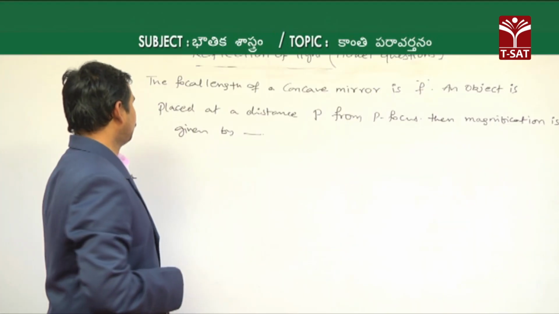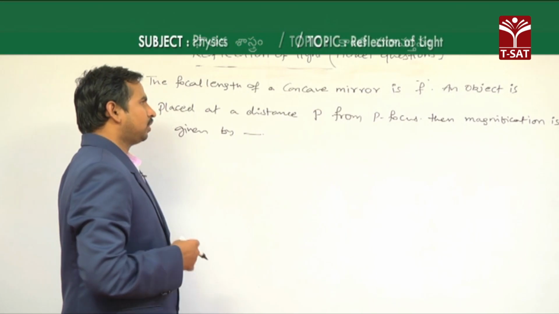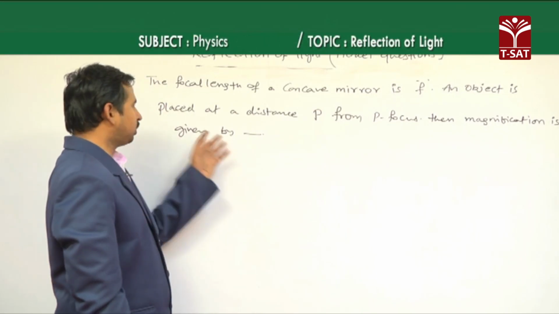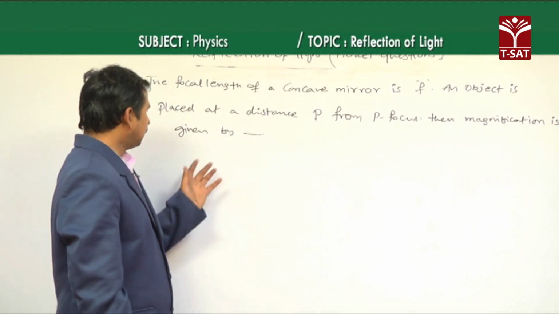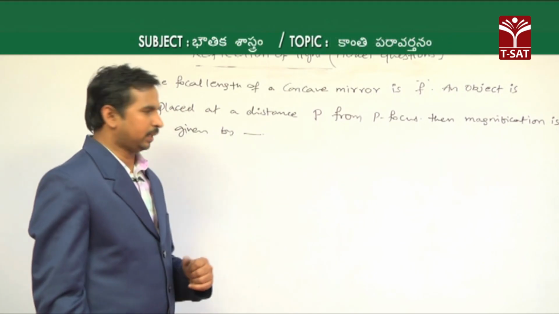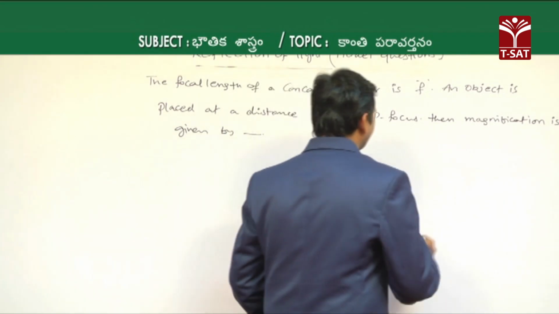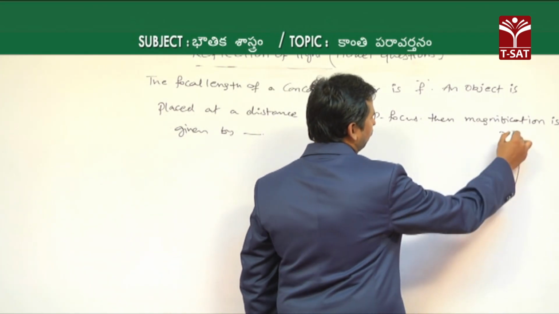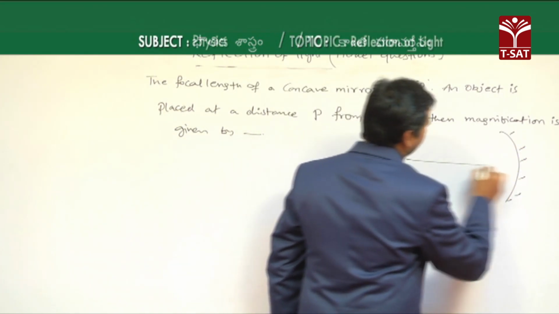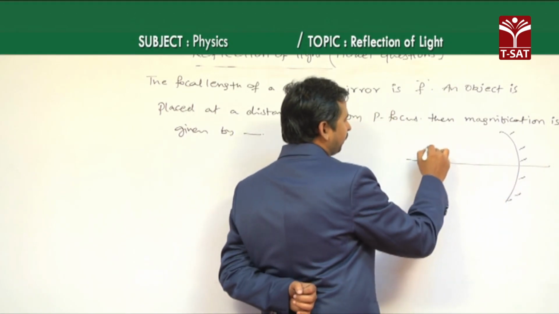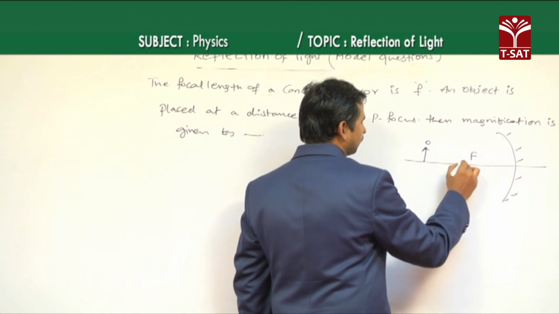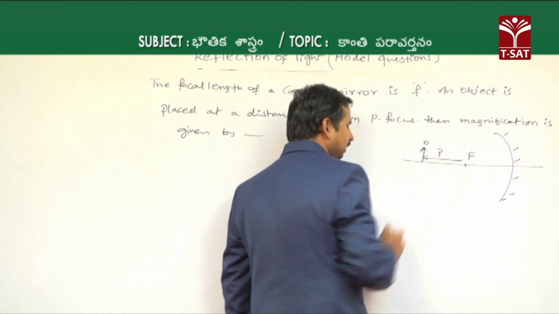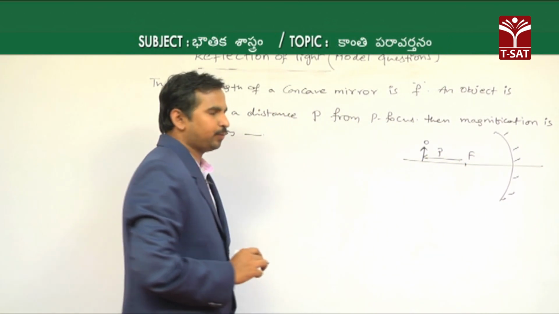Now, the next question is: if the focal length of a concave mirror is f, and an object is placed at a distance p from the principal focus, then the magnification is given by? As it is a concave mirror, the object is placed at a distance p from the focus.